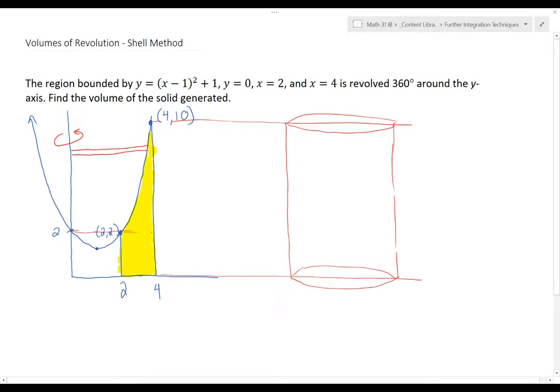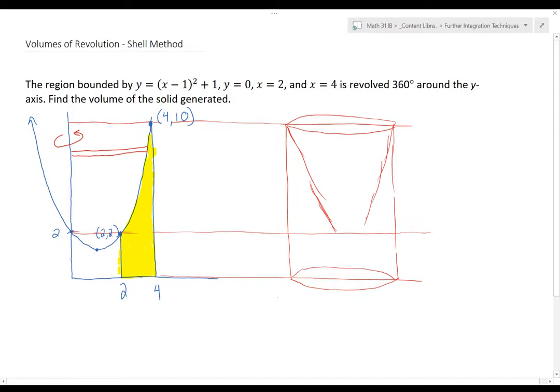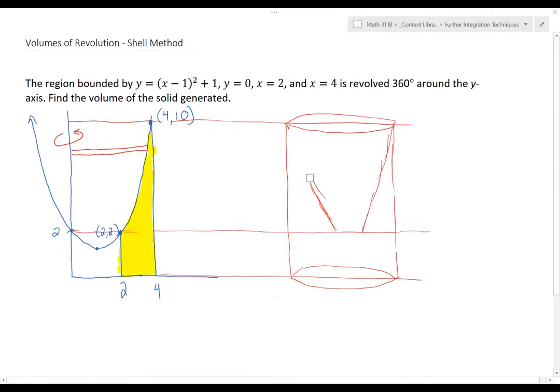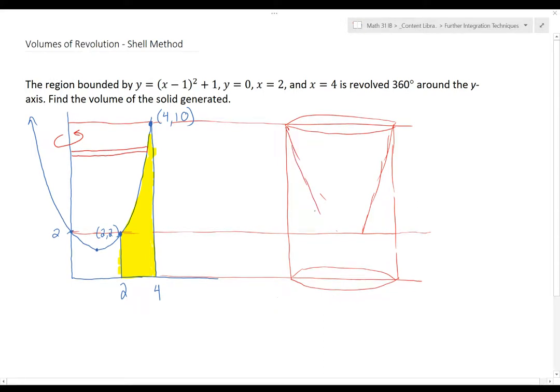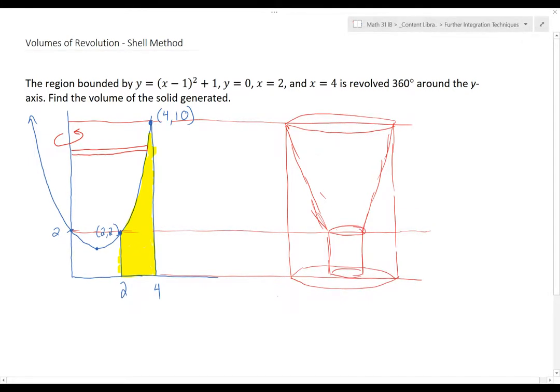I'd basically be looking at the fact that between 2 and 10, I would have sort of this bowl-like shape being pulled out of the cylinder. And between 0 and 2, I would actually just have another cylinder inside of my cylinder. So I could figure out this volume by breaking the shape into those pieces.